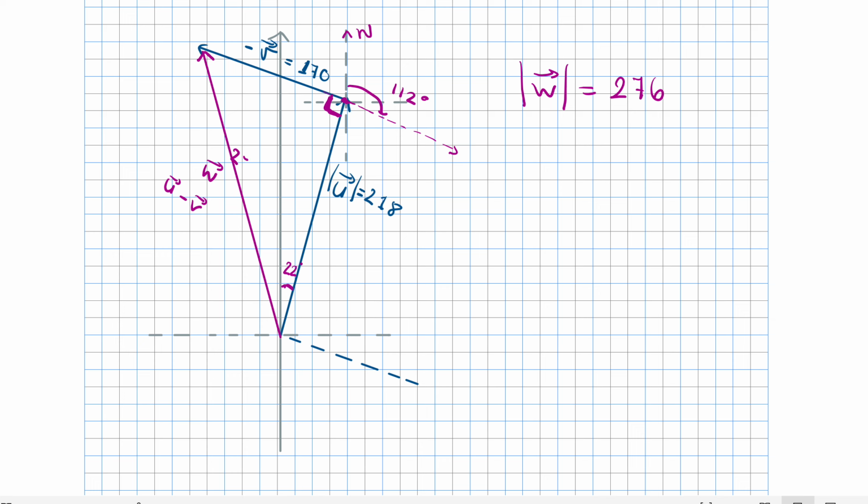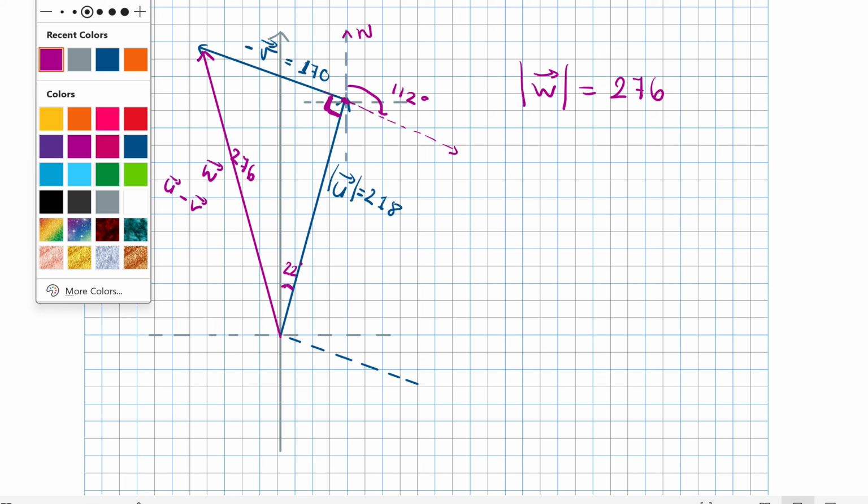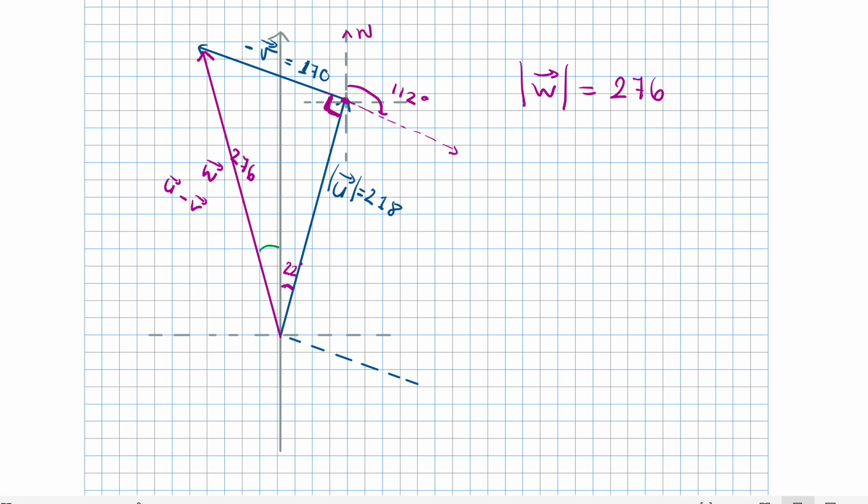And now that I know that this is about 276 and it's across from my right angle, I can use the law of sine again. And using the law of sine, I would find this angle right here. Let me change color so you can see well. Maybe green, this one.